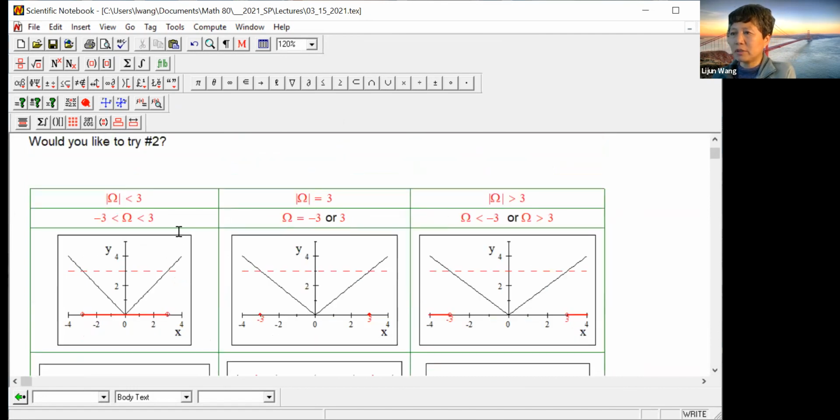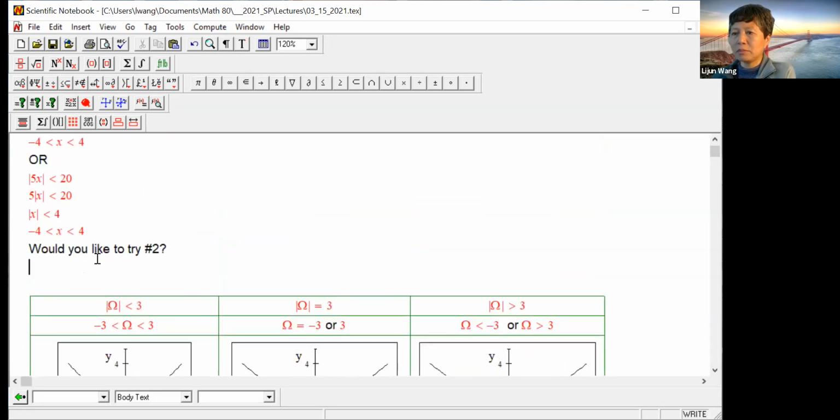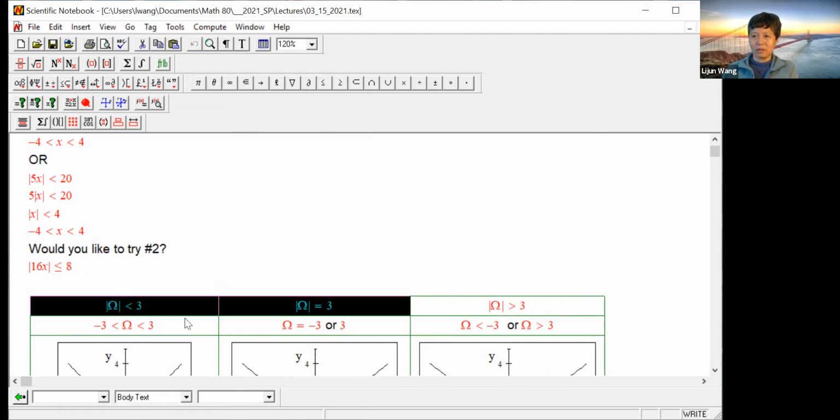In this particular case, number 2, we have 16x less than or equal to 8. So it's really these two forms combined, less than or equal to 8, not less than or equal to 3.